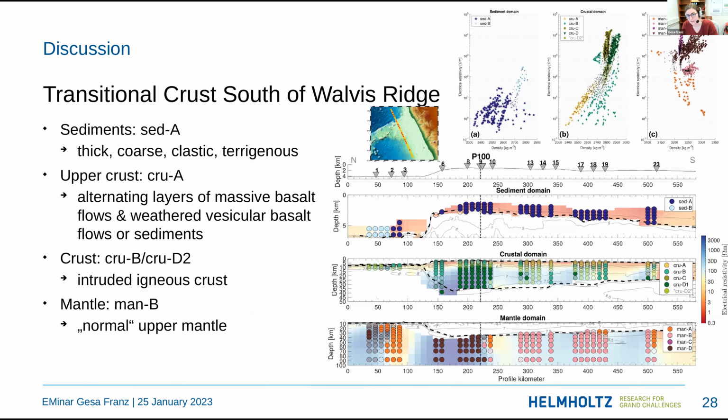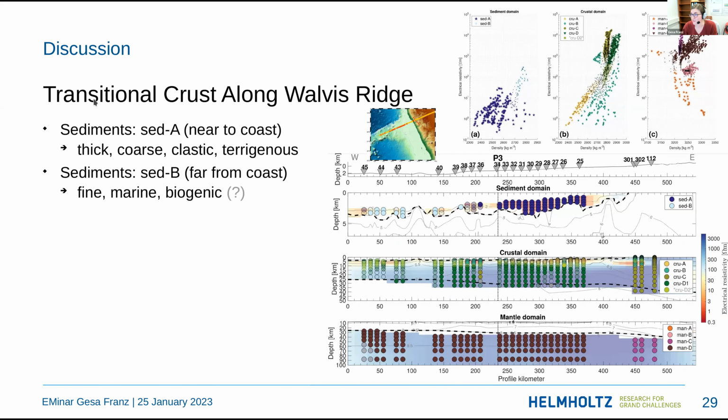That means it's an intruded igneous crust, because the rifted margin makes room for magmatic intrusions, dikes, and sills, which are eventually also the feeders for these surface flows. And I call this normal because it stands out from the crust that we see further north below Walvis Ridge. So that is the transitional crust along Walvis Ridge.